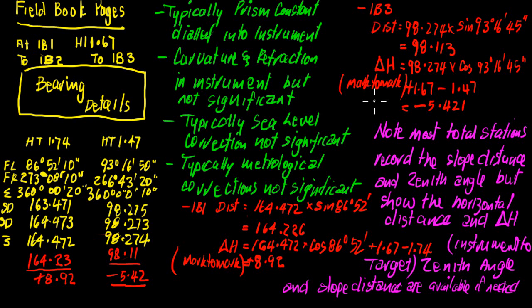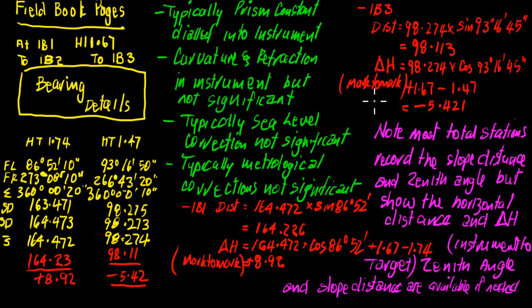Typically sea level correction is not significant, particularly in and around some of the areas where we work, but in some of the higher areas it can be. Typically meteorological corrections are not significant. We tend to work in a perfect 20-degree world, and 1016 millibars, but some instruments do measure the pressure themselves, and you just need to key in the temperature and they take care of all those sorts of things.